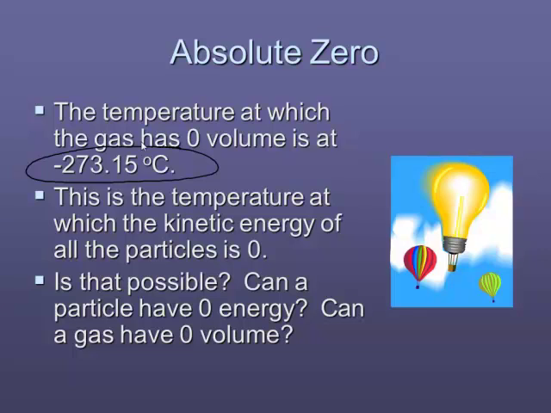If you had no temperature, that means that you have absolutely no kinetic energy, which means the electrons are not spinning around the protons, which means if that doesn't happen, oh my gosh, the electrons are going to spiral into the center of the nucleus, and oh my gosh, you just destroyed matter. That's just not possible. You can't have gas have zero energy or have zero volume.